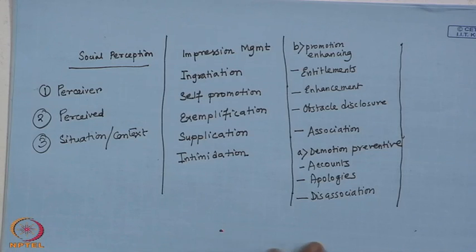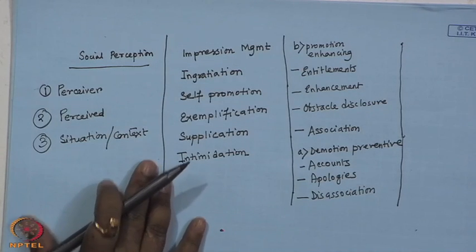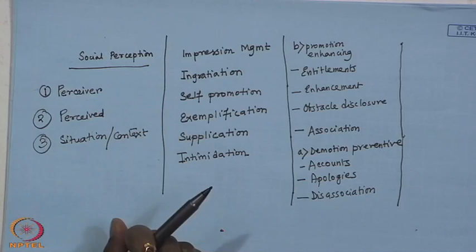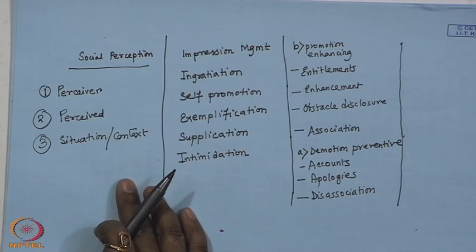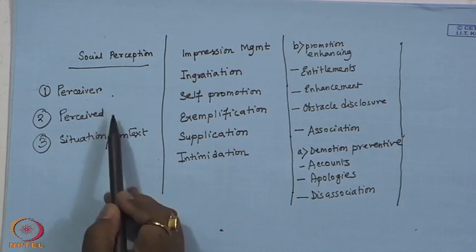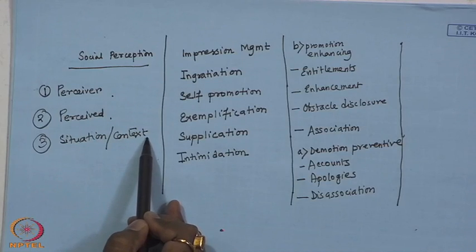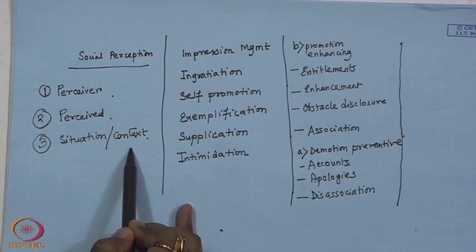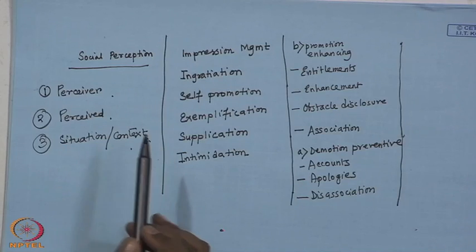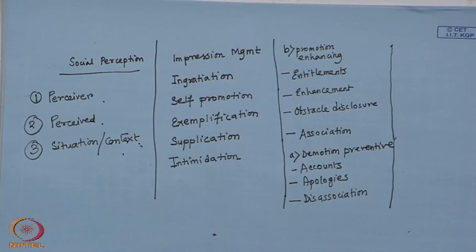And there could be various characteristics which are specific to each of these: the perceiver, the perceived, and both, and the situation per se, the situation context. So, in the last discussion, if we remember, we discussed the different principles of organization, different principles of interpretation, and how interpretation occurs and what are the factors playing roles.